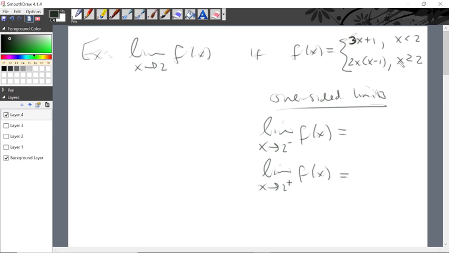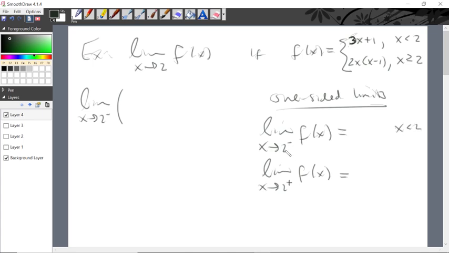Given that 2 is where we switch from one to the other. Now, we could do a sketch of this. Okay, you could graph it. I'm also going to look at this just straight up algebraically here. Okay, if x is less than 2, that's if we are looking at the limit from the left, okay, so x is less than 2, right?